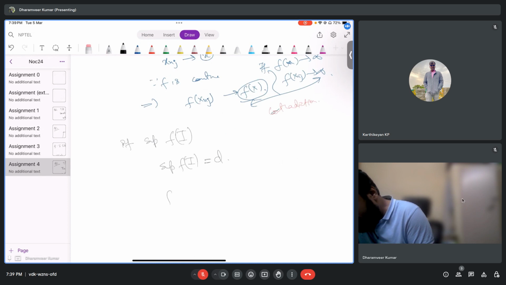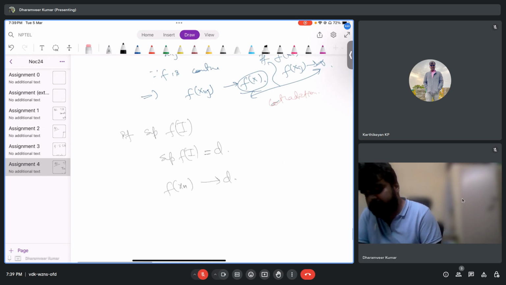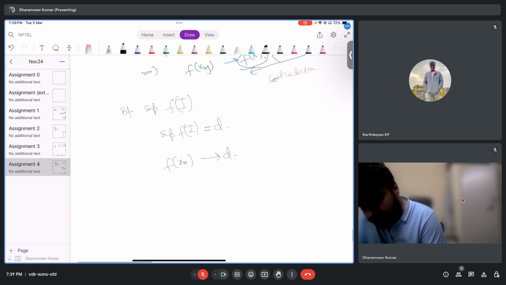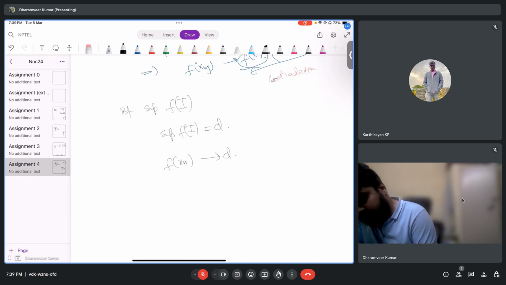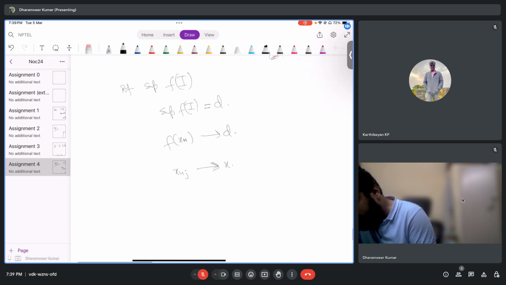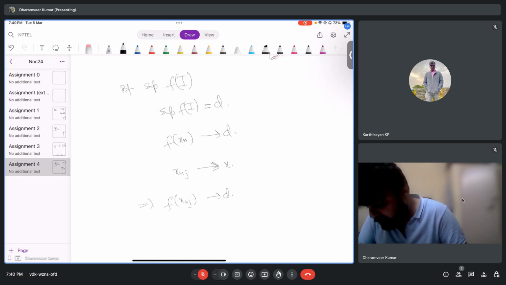You can always have a sequence such that it converges to d. Now xn has a subsequence, and again using continuity, f of xnj converges to d.